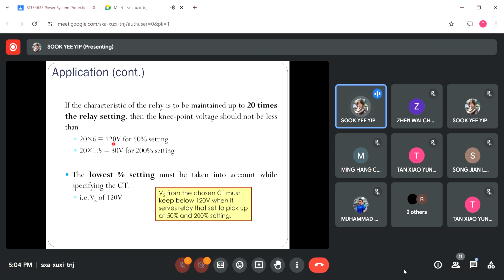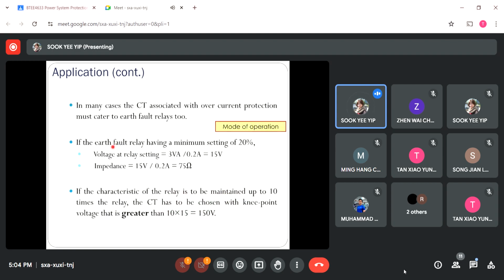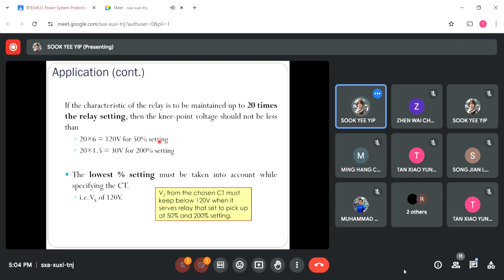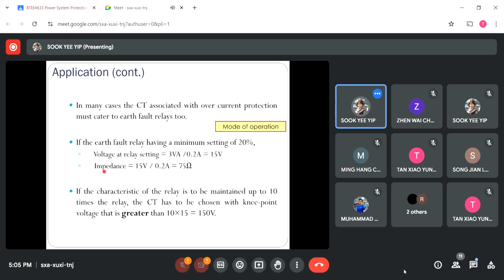But what if I also connect it with the earth fault relay with this setting, 20%? So we know that the voltage is 15 volts. Under 10 times of this ratio it is 150 volts instead. So if you compare this 150 and this 120, this time I will base it on the earth fault relay instead to decide what voltage should be selected for this current transformer in terms of knee point voltage.